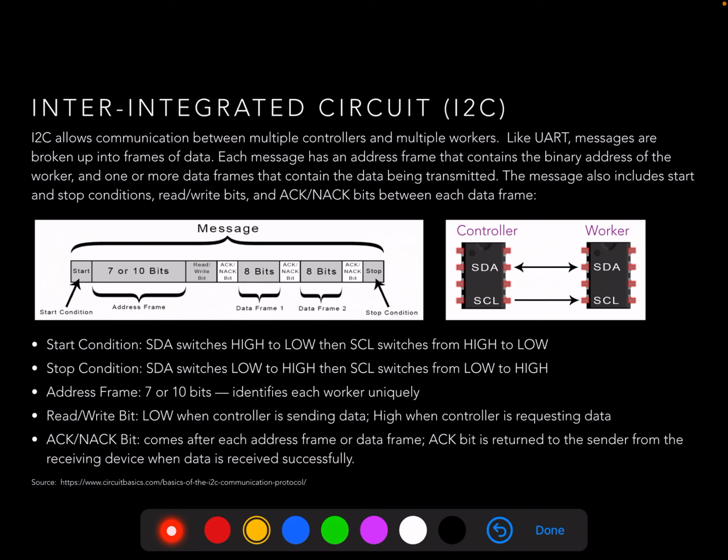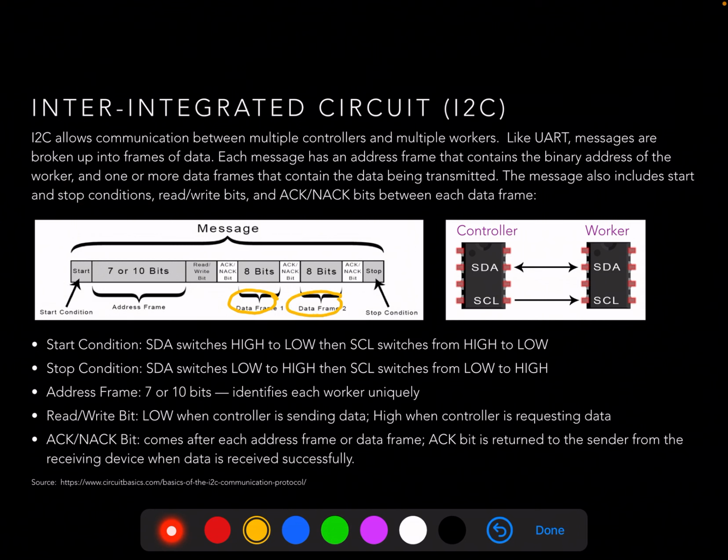Like the UART communication protocol, messages are broken up into frames of data. Each message has an address frame that contains the unique binary address of one of the workers, and the message also contains one or more data frames that contain the data being transmitted.